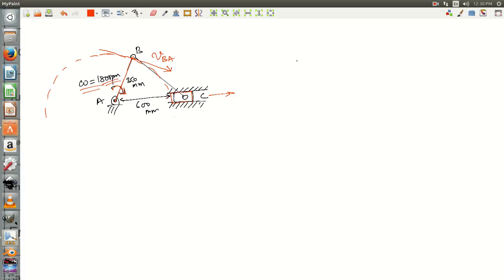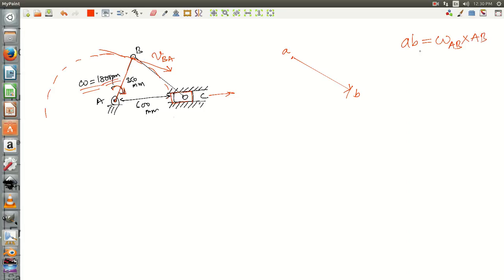Now, plotting the velocity of AB, we'll consider the point A over here and draw a perpendicular line to AB such that its magnitude is given by omega AB into AB.